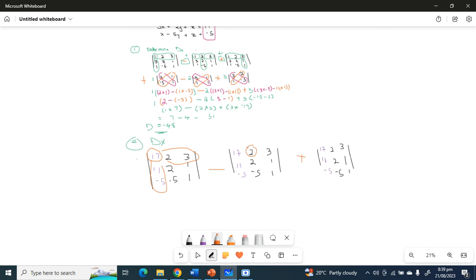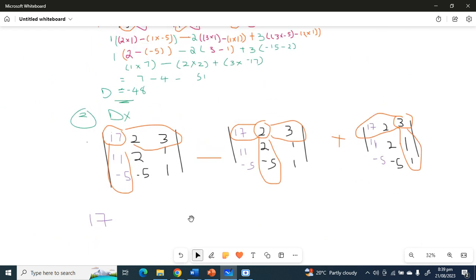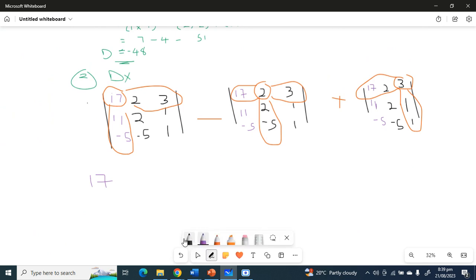Then the middle number in the top row, circle it. So the number we circled here was 17, so we put 17. We get our 2 by 2 matrices now, which is going to be 2, 1, negative 5, 1.